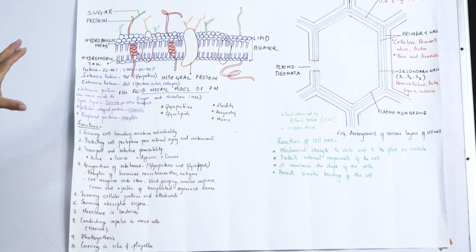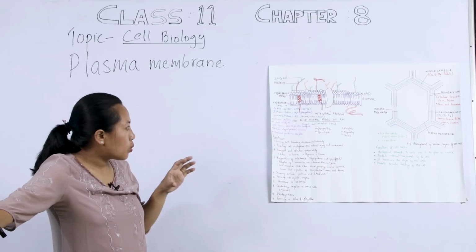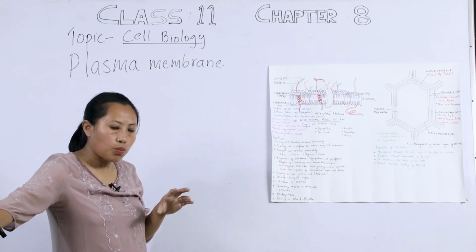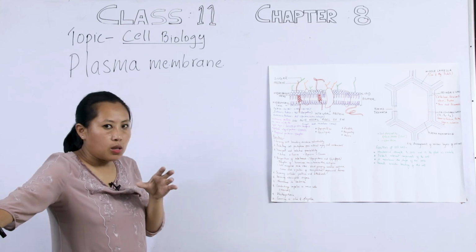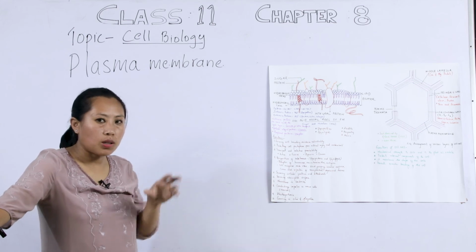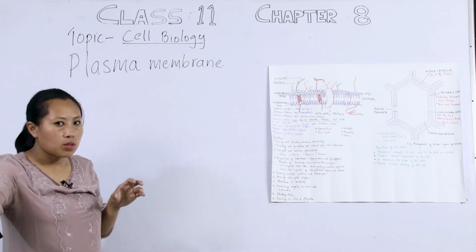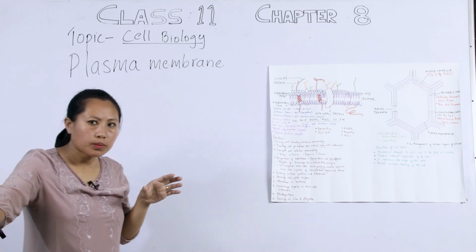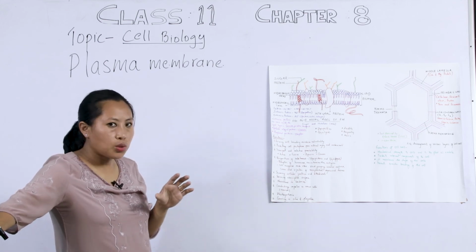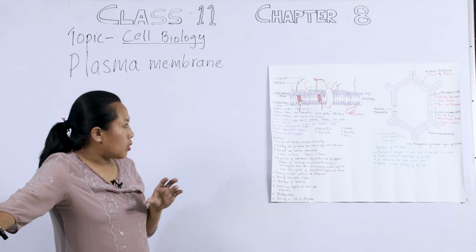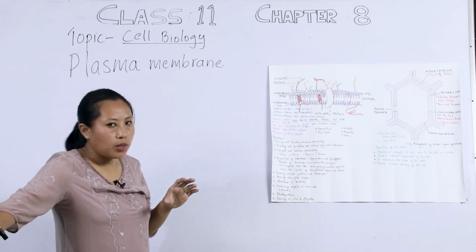In the fluid mosaic model proposed by Singer and Nicolson, they suggested that it is not uniformly arranged. They are arranged in a mosaic pattern, and it consists of two types of proteins: extrinsic proteins and intrinsic proteins. Intrinsic proteins are present in between the lipid layers, while extrinsic proteins are present on the peripheral area of the lipids, and the lipid molecules form a bilayer, chiefly of phospholipids.